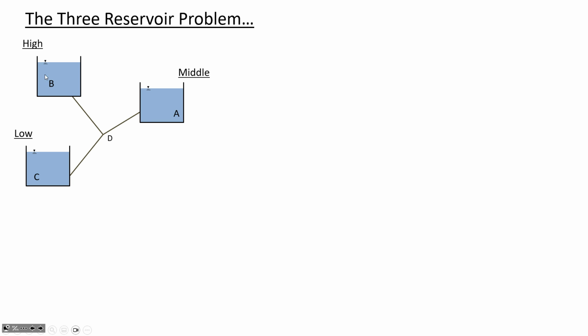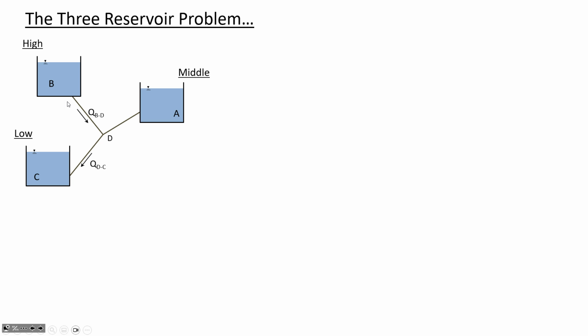Now, when you have a situation like this and it's connected by a central junction, the question is, which way is the water going to be flowing? We've learned before that water flows downhill, and it still does here. And so water's going to be flowing outward, out of the high reservoir, because that's where there's the most energy.